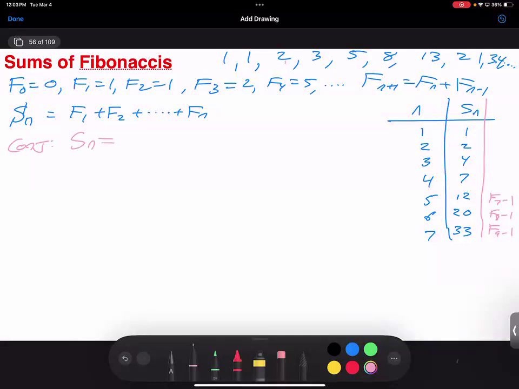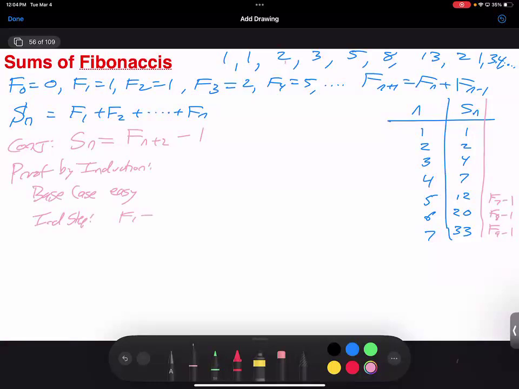Sn is F(n+2) minus 1. Do you think you can prove this by induction? Yes, because we now know what to try to prove, right? Proof by induction. The base case is easy. Inductive step.